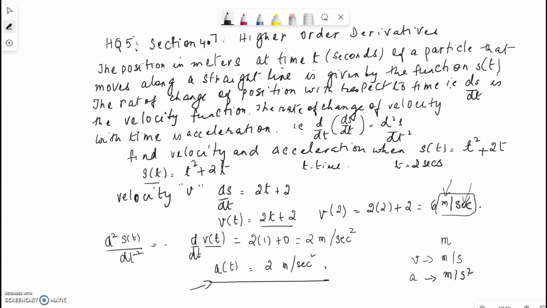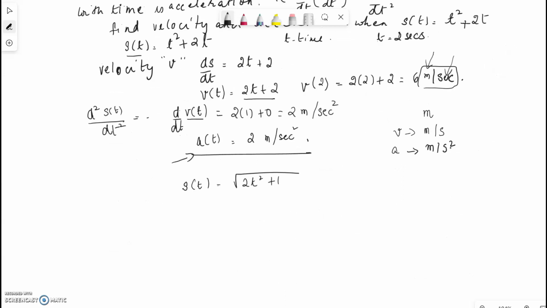That is the acceleration. Now suppose the position function is s of t equals radical 2t squared plus 1. Remember that t is time, s of t is the position function. The velocity function is the first derivative with respect to t of the position function, which is equal to 1 over 2 radical 2t squared plus 1 times d by dt of the inner function, which is 2t squared plus 1.